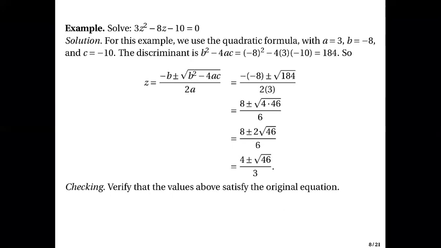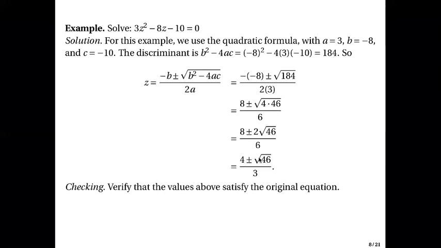I have a question. Sure. Go ahead. You told us if it's more than 0, we have two solutions. Yes, two distinct solutions. So here, your b squared minus 4ac, if it's greater than 0, you will get two solutions.